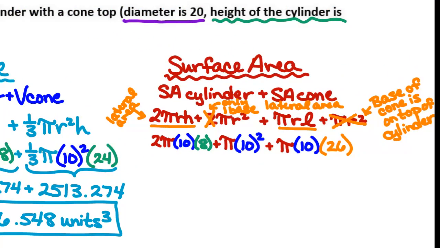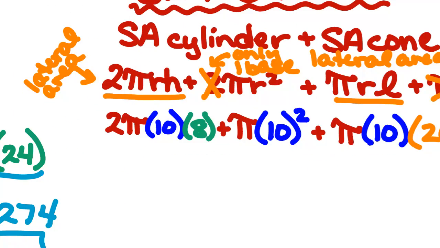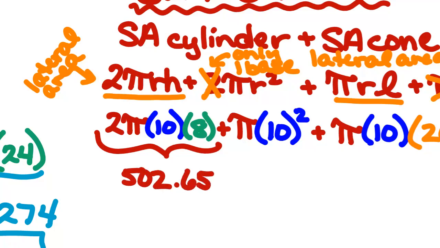All right, let's do these each one piece at a time. We're going to separate it by the plus signs. Let's do 2 pi times 10 times 8 first. 2 pi times 10 times 8. 502.65. Give me one more decimal place. 4 and an 8 comes after that, so that's going to round my 4 up to another 5.